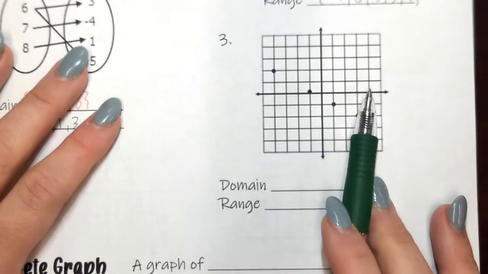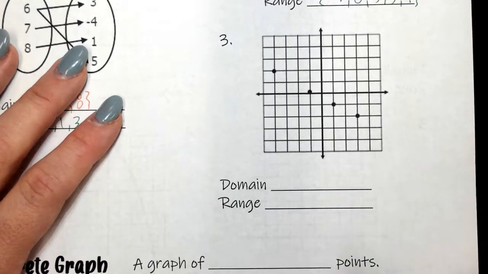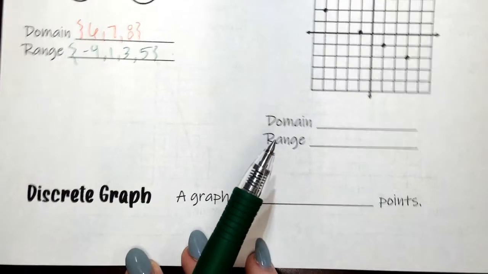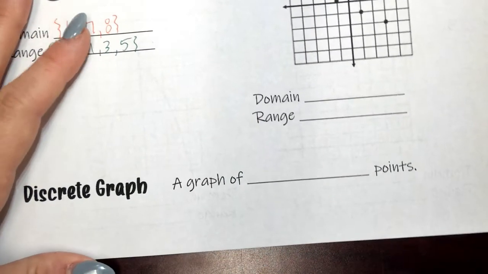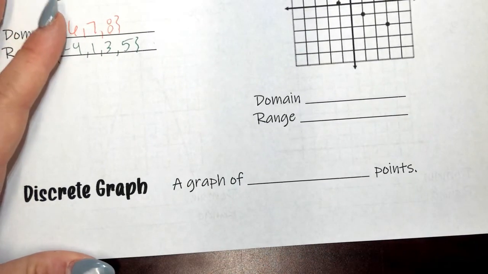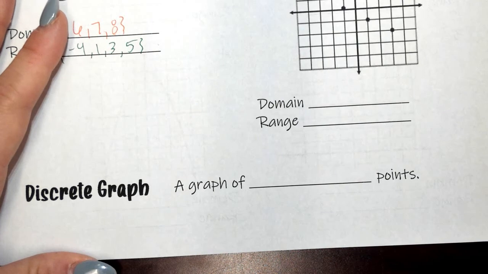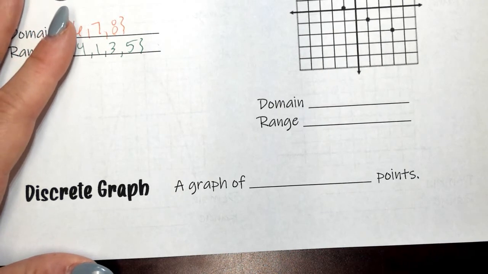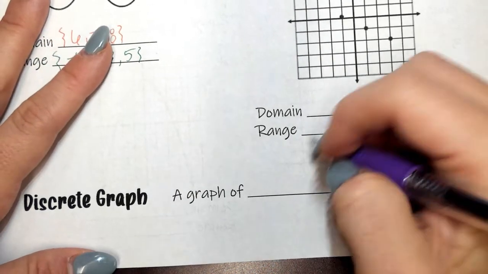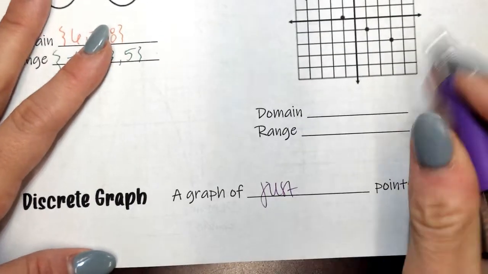Alright, when we're given a graph and it's got just dots on it, this is called a discrete graph. This is a graph of just points.